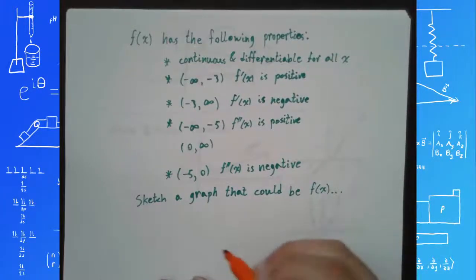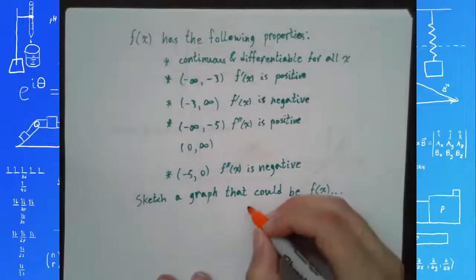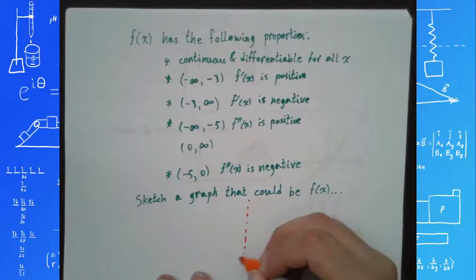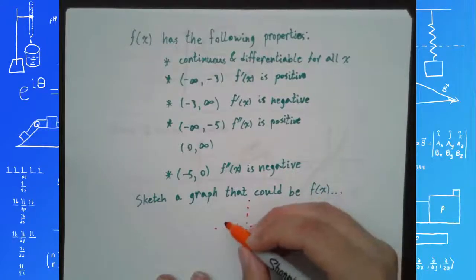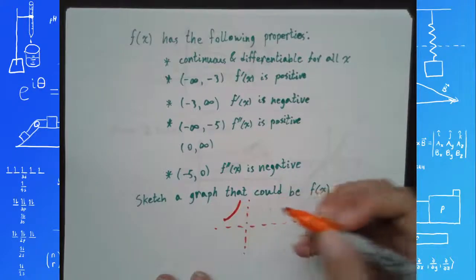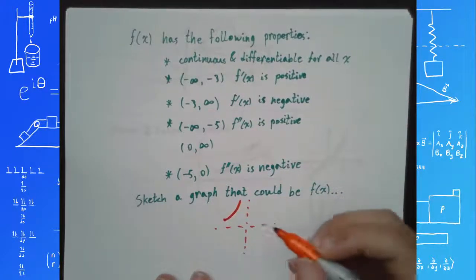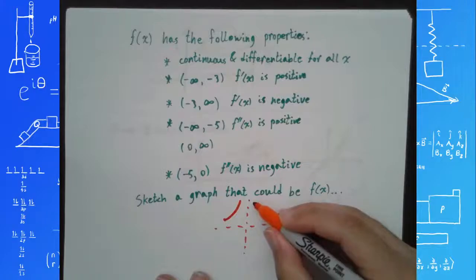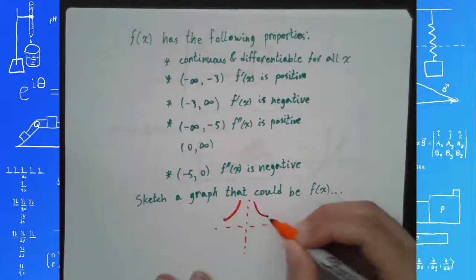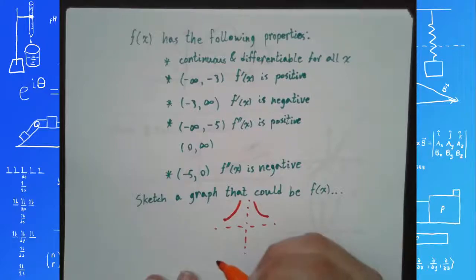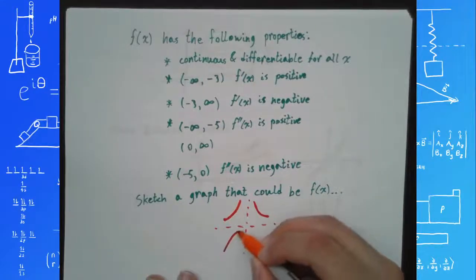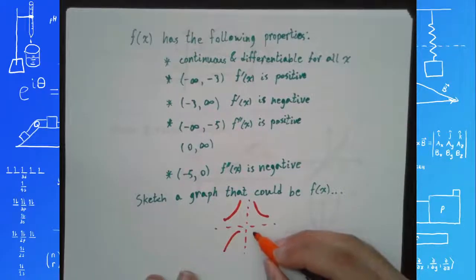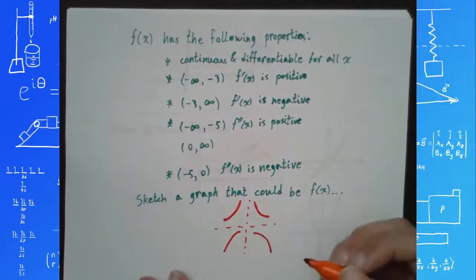So the 4 strokes are: increasing concave up, which looks like this; decreasing concave up, which looks like this; increasing concave down, which looks like this; and decreasing concave down, which looks like this.